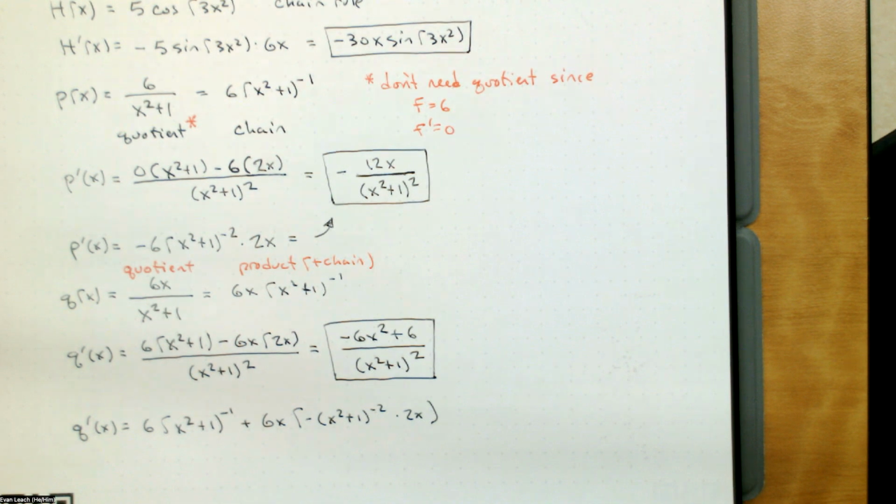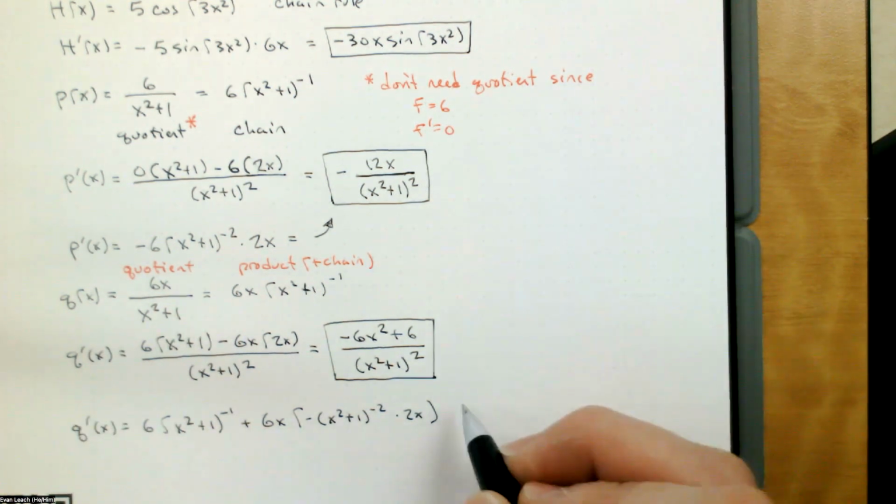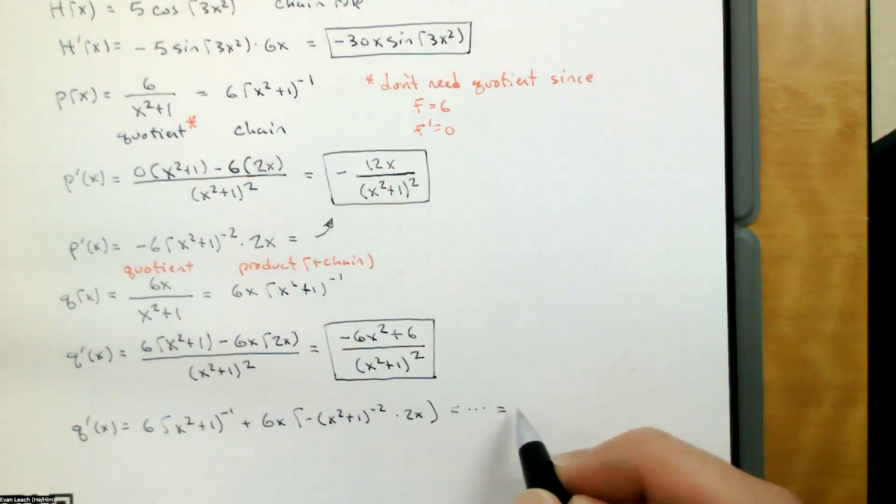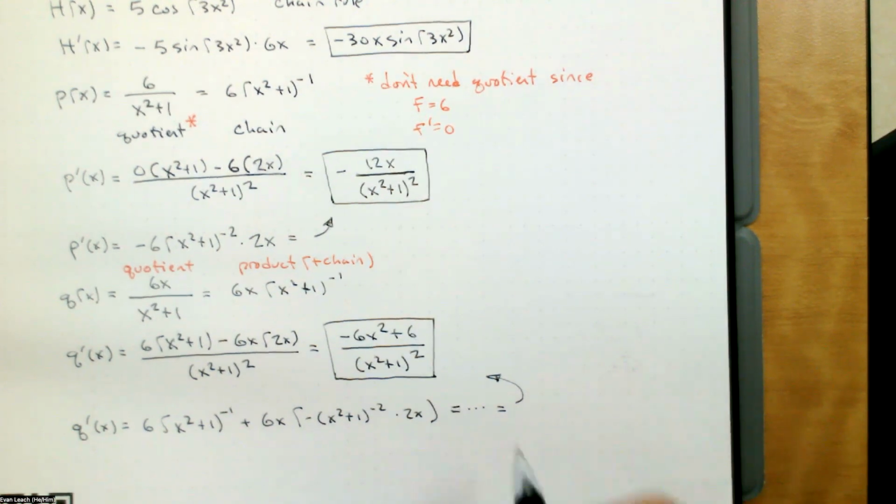There are a few semesters in my calc history where I really tried to sell not quotient and forced product, and no one liked it because it ends up with things like this. But then we have to do algebra, and that will lead to the thing. All you have to do is get a common denominator.